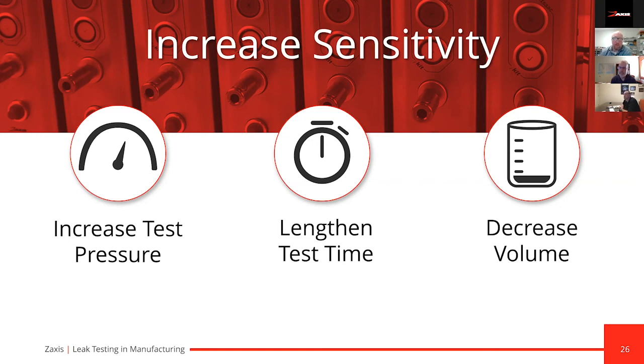Sure. One of the slides that Don had in there was understanding how the part is going to be used. Part of that is understanding what's going to happen if you apply pressure or vacuum to your part.